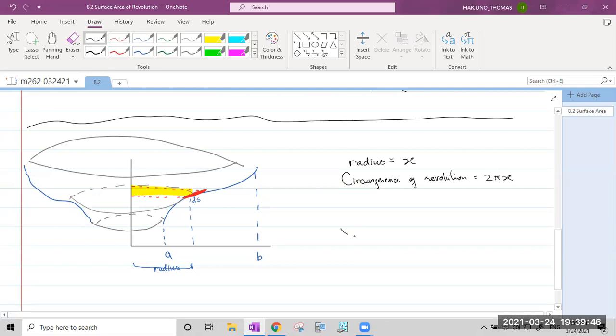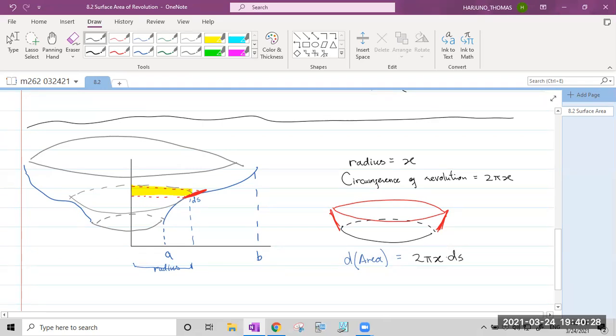Now, not only do you have that circumference, consider that like the base of a cylinder. Now you also have that part of the curve that you rotate. Then what is the differential area of that surface? That will be 2 pi x times ds.